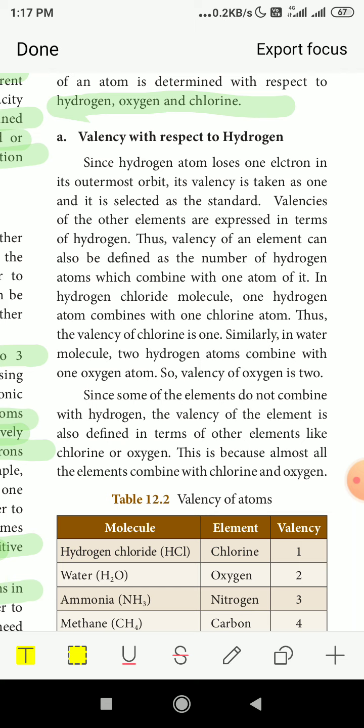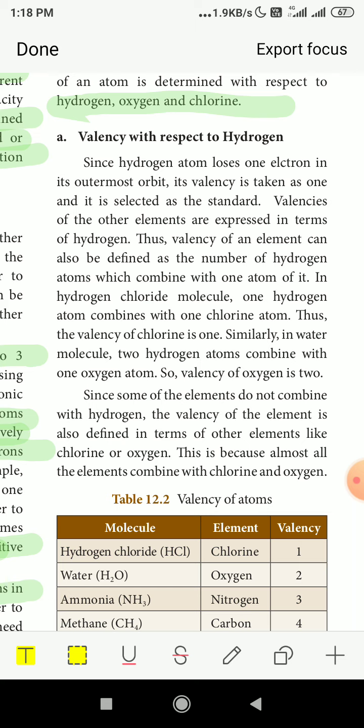So understand what it is. Hydrogen has only one valency, and when hydrogen combines with one chlorine atom, the valency of chlorine is 1. In water, 2 hydrogen atoms combine with oxygen, so the valency of oxygen is 2. That means valencies are calculated on the basis of hydrogen, oxygen and chlorine.